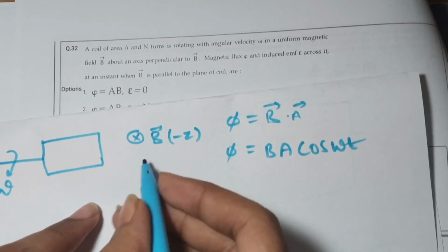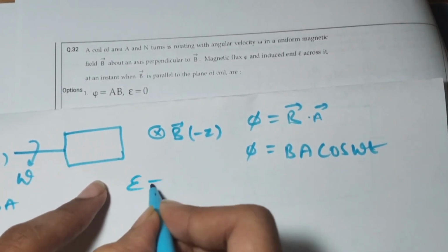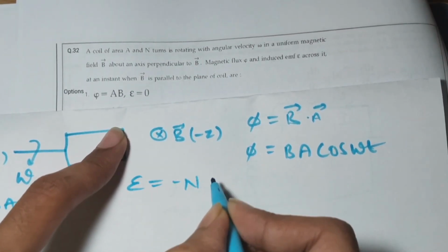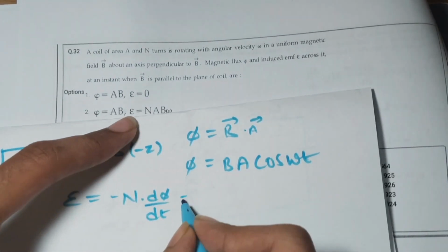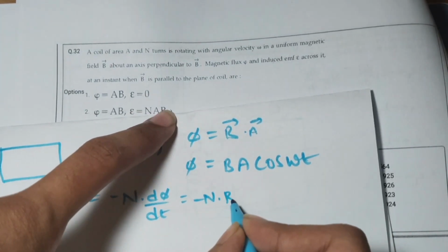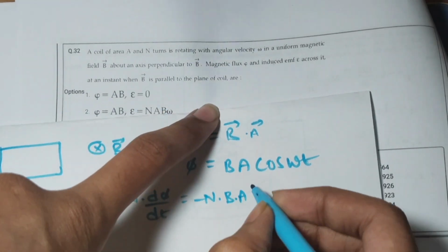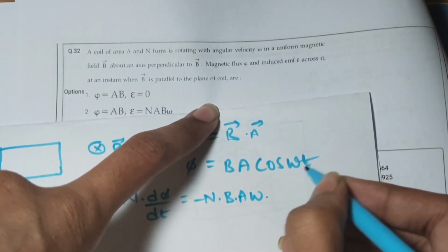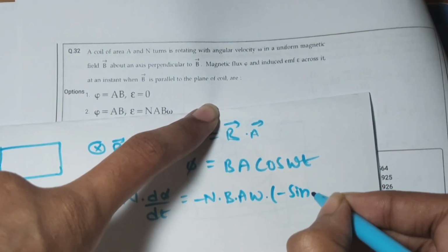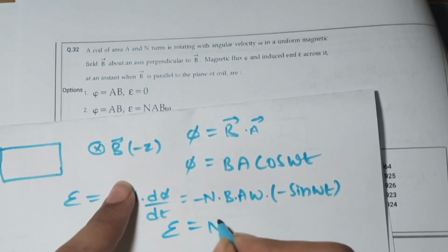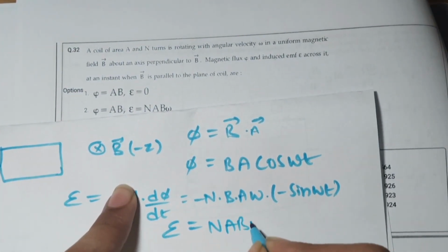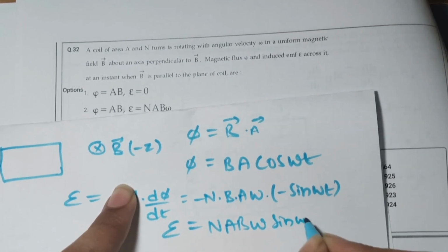And we also knew the formula for induced EMF, E equal to minus N into d phi by dt. So minus N into B into A into cos omega t differentiation, omega into cos differentiation minus sin omega t. So we will be having induced EMF as NAB omega sin omega t.